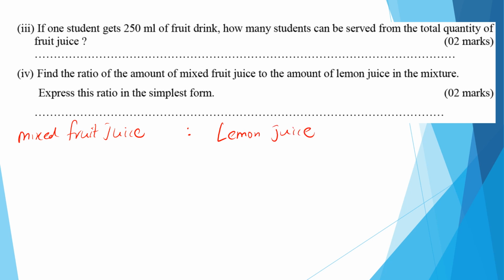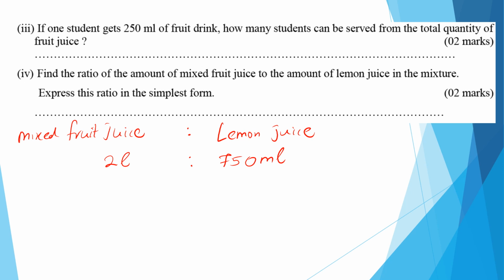How much mixed fruit juice did we get? We got 2 liters. And lemon juice we got 750 milliliters. We can't do it this way because we have to take all this in the same units.